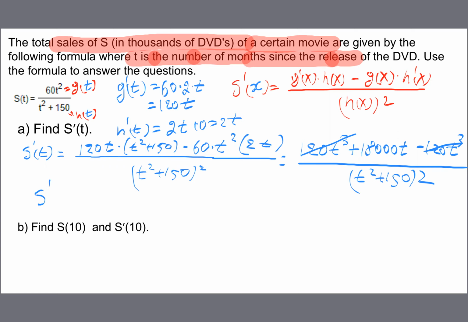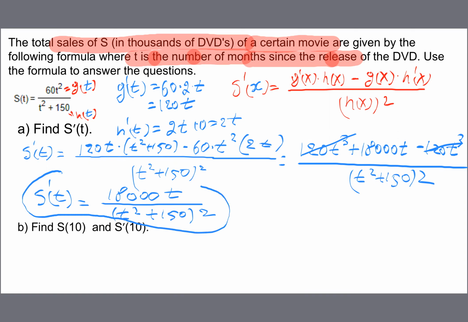So s prime of t equals 18,000t over t squared plus 150 squared. Okay, let's circle this because we're going to need this.